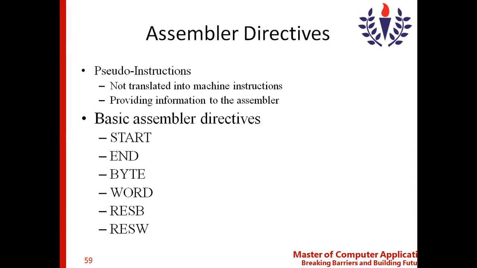When you convert source instructions into object code, some of the instructions will not be converted into machine equivalent or machine code. Those instructions are called pseudo instructions. Pseudo instructions are instructions which need not be, or cannot be, translated into machine instructions.